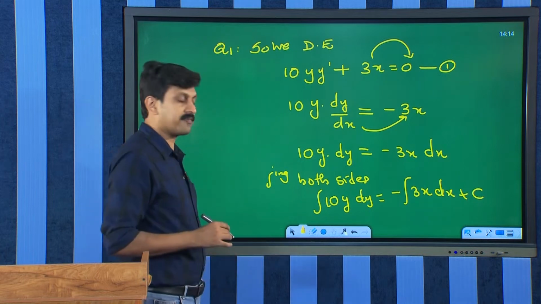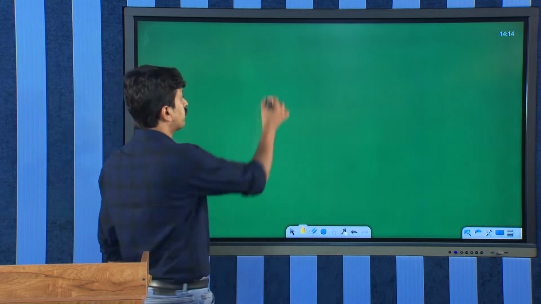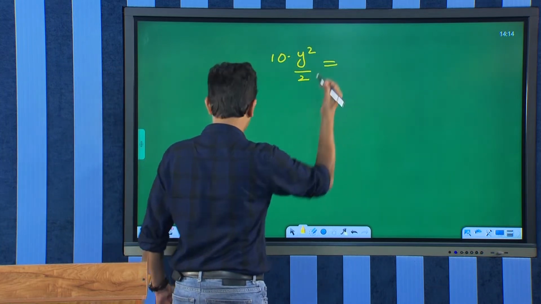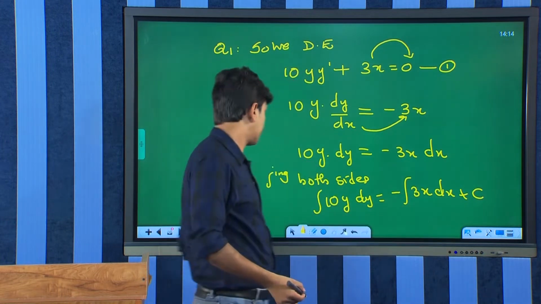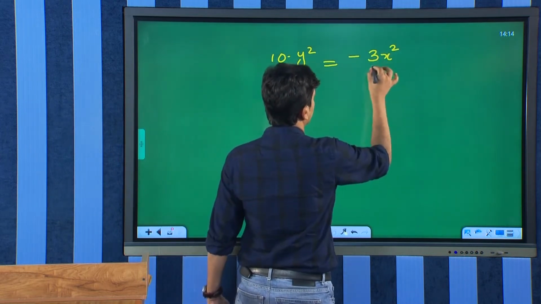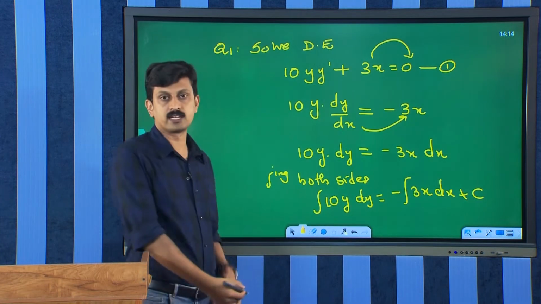The integral of y is y square by 2. Therefore 10 y square by 2 is equal to minus 3x square by 2 plus the constant of integration c.